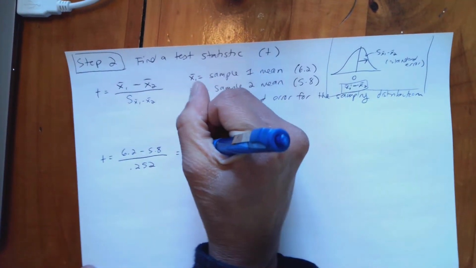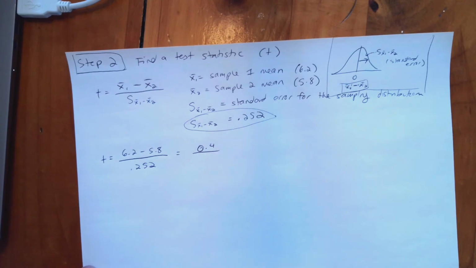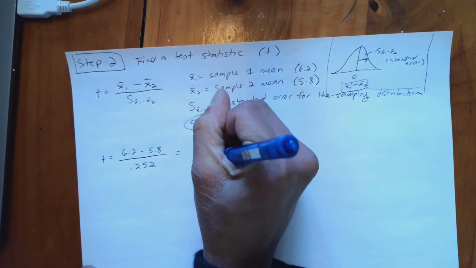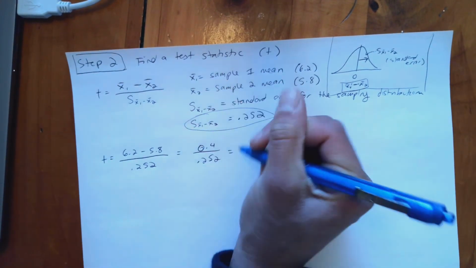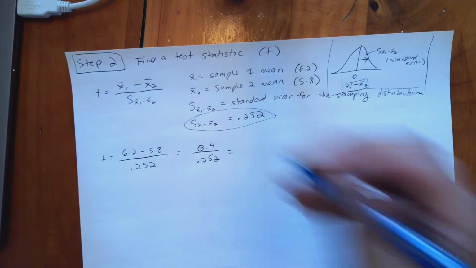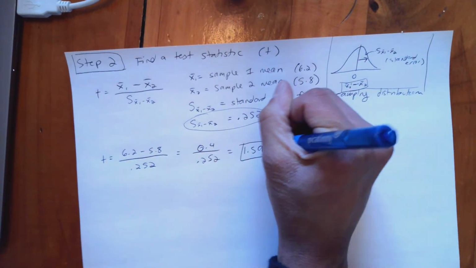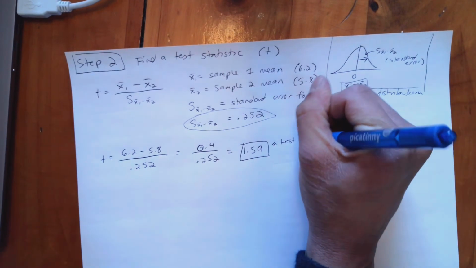And if you do this, you get 0.4 on the top, which is that difference that we already saw, divided by 0.252. And that comes out to 1.59. So t equals 1.59, and this is our test statistic.